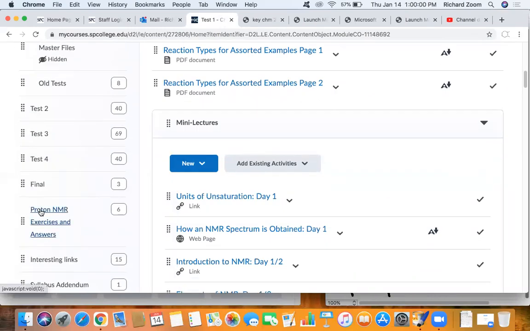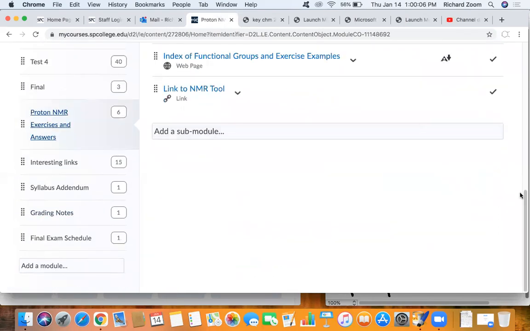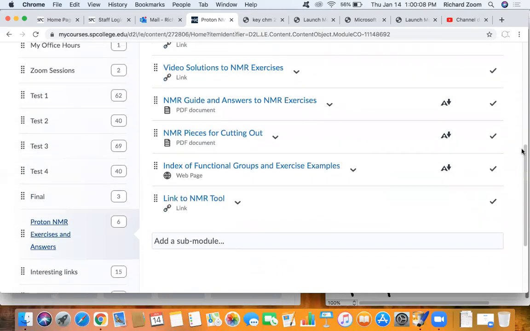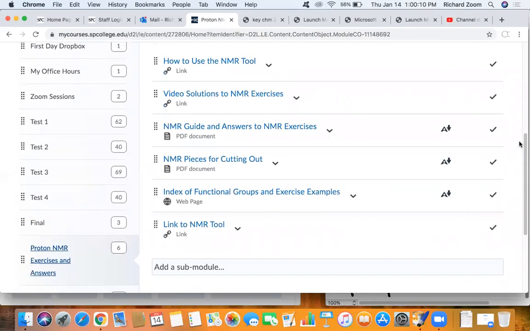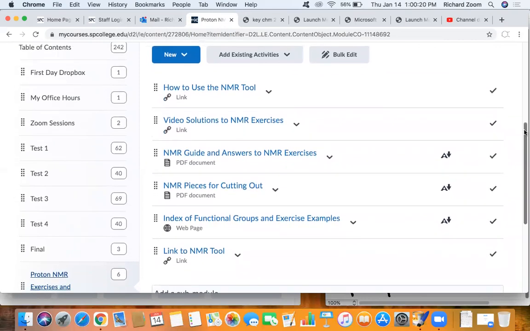So here I've got, this is on the table of contents, the proton NMR folder. And in this folder, I've got all sorts of resources to help you practice for proton NMR. So what I did was I actually wrote this.